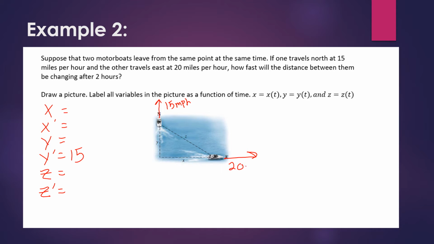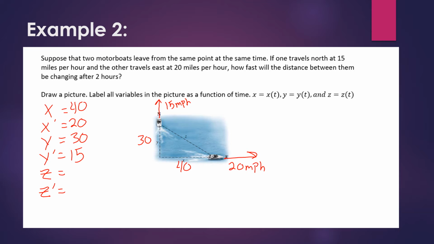So this would be the change in x, or x prime. And they say the boats have been traveling for 2 hours. So that should be able to tell us what x and y are. If you're traveling at 20 miles per hour for 2 hours, then you have traveled 40 miles. And if you're traveling for 2 hours at 15 miles per hour, then you have traveled 30 miles. So x is 40 and y is 30.